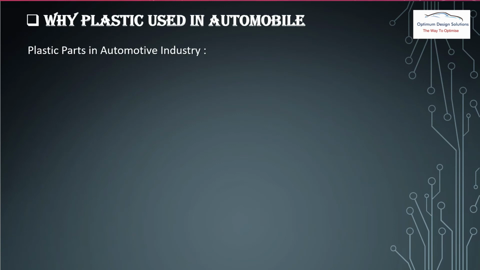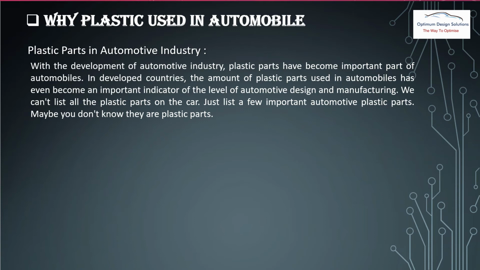Now the question is, why is plastic material used in automobile? This is the basic question which arises in the industry, and in interviews such kinds of tricky questions are expected. So simply, the use of plastic components is going to increase in the Indian automobile industry also, only to reduce the weight of our vehicle and to get more economic vehicles on the road.